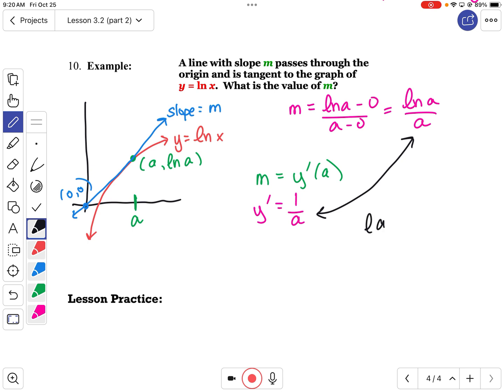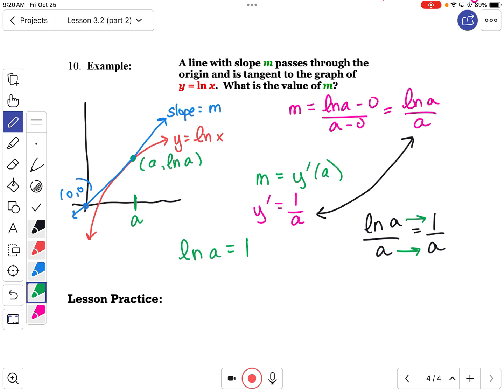So ln of a over A equals 1 over A. It's like they're related. If the denominators are equal, what does that mean is true about your numerators? They're equal. So the ln of A is going to equal 1.